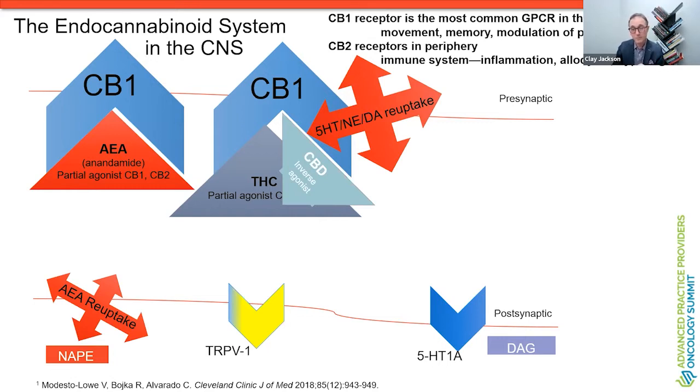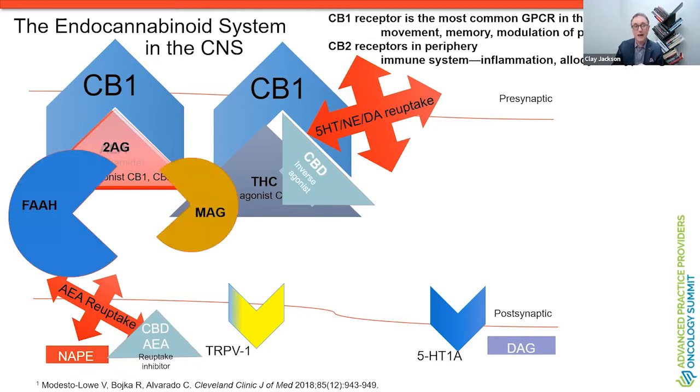You'll see down at the bottom, the postsynaptic vesicle, that there's reuptake inhibition. Again, this is an allostatic system. There are endogenous agonists. There are internal molecules such as FAAH and MAG that actually degrade these endogenous agonists. So it's a very complicated system that's designed to keep an equilibrium in the body.